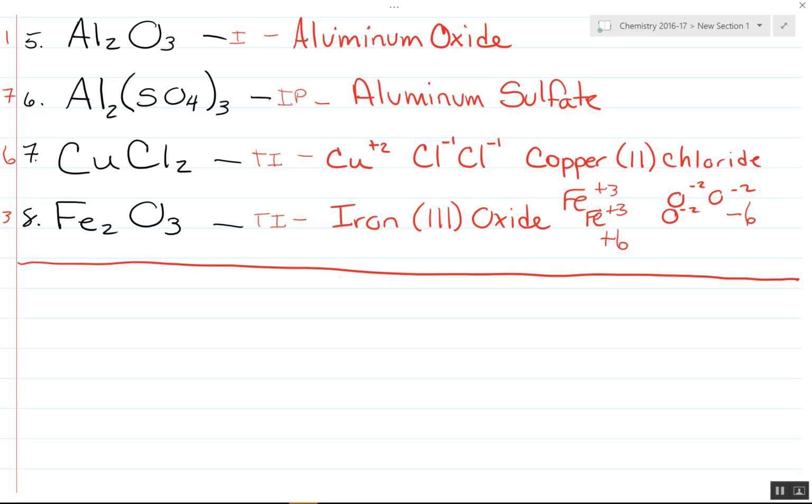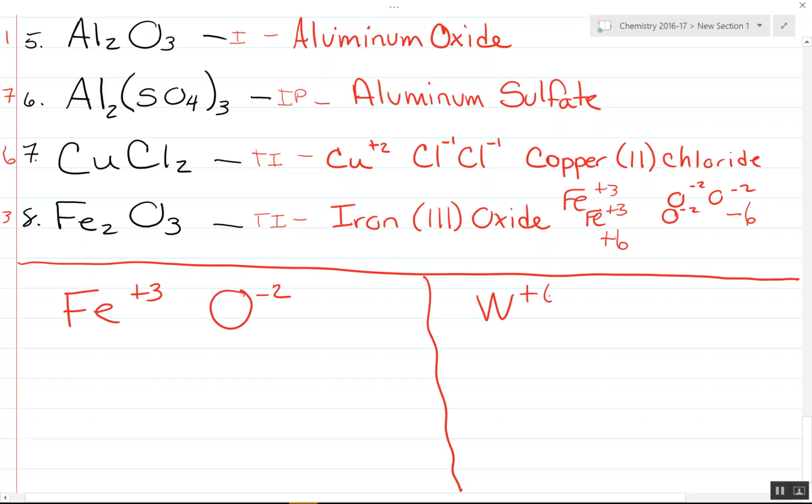Hannah asked a really good question. How do you know when you use the crossover? So let's look at what we just did. Iron +3, oxygen -2. But then I'm going to do something different. What are you looking for? If they're odd and even, you can just use the crossover method.